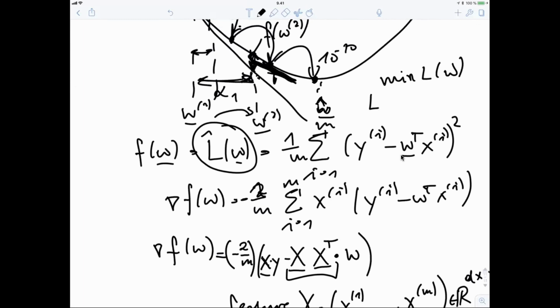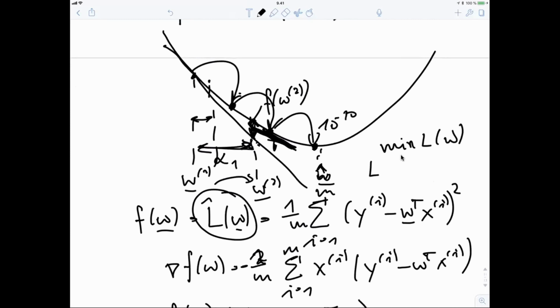So for each iteration we evaluate the validation error for the hypothesis obtained from the first iteration, then for the hypothesis obtained after the second gradient step, and so on. And if this validation error does not decrease much anymore, then we stop.